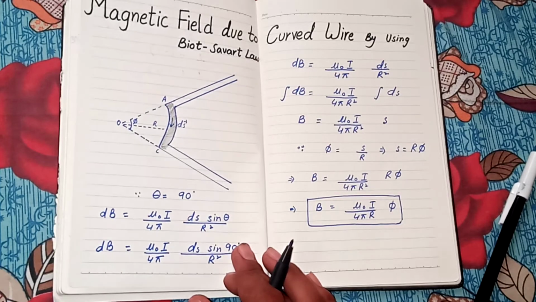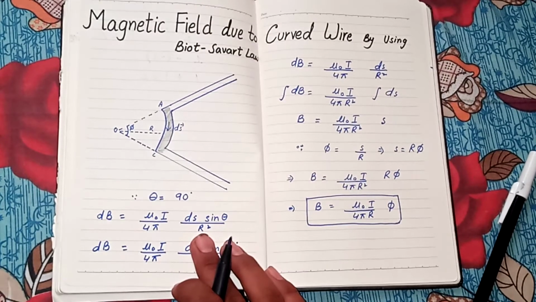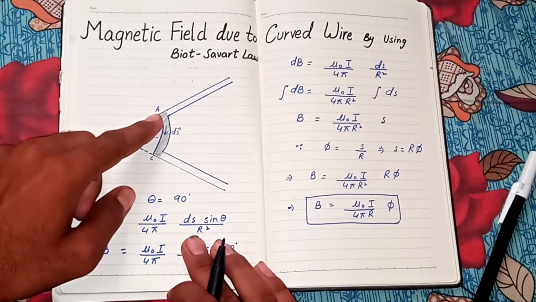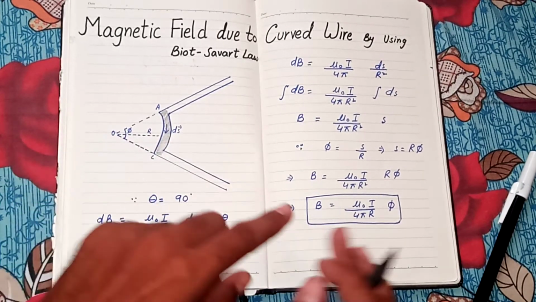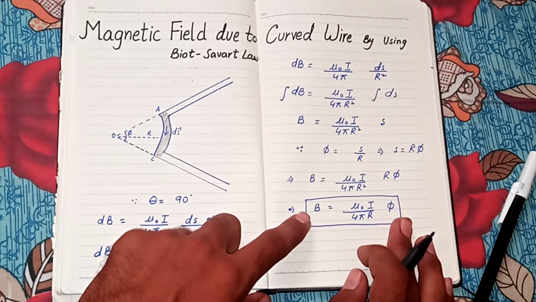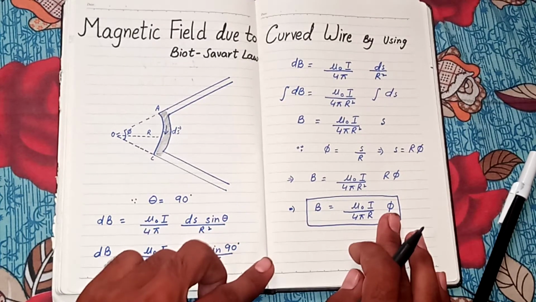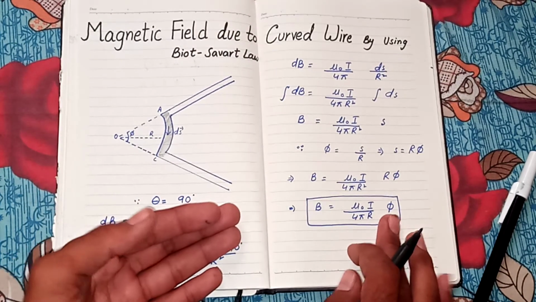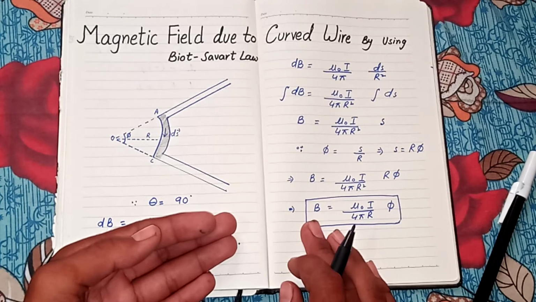From the onset, we considered arc-shaped wire. However, we can modify this final equation for a circular wire loop by replacing phi with 2 pi, because a circular wire has circumference 2 pi, that is 360 degree.